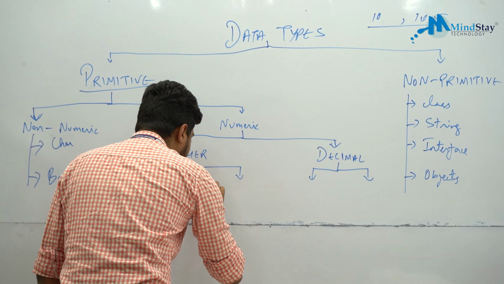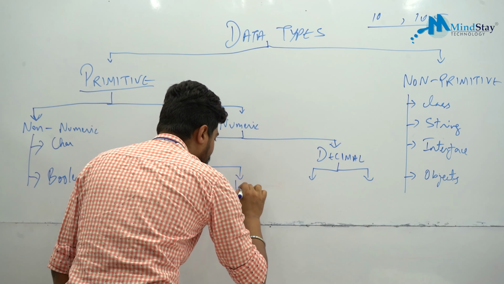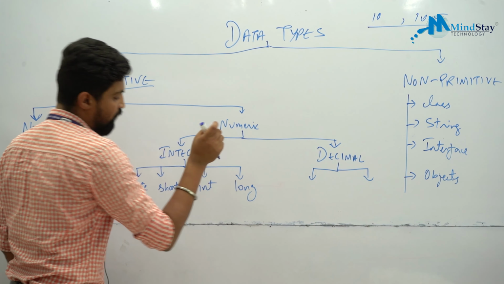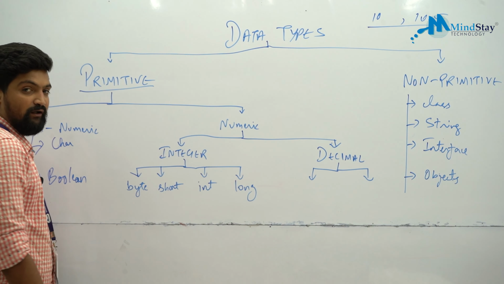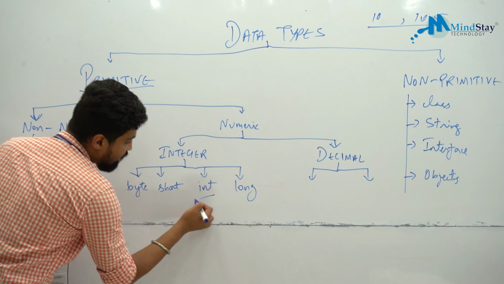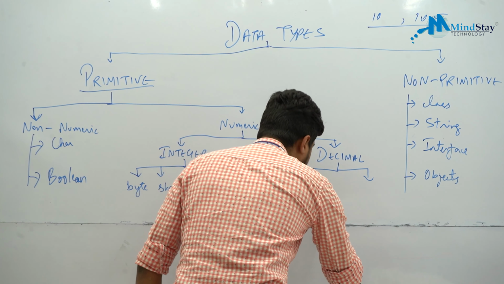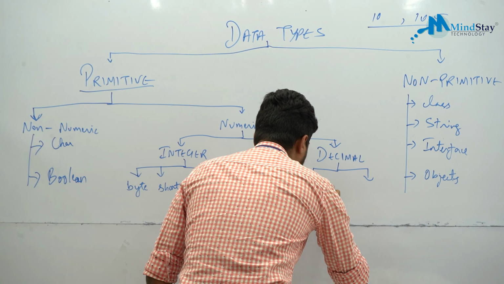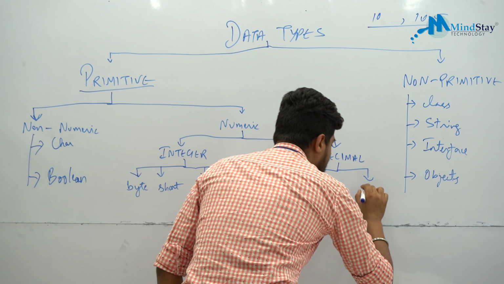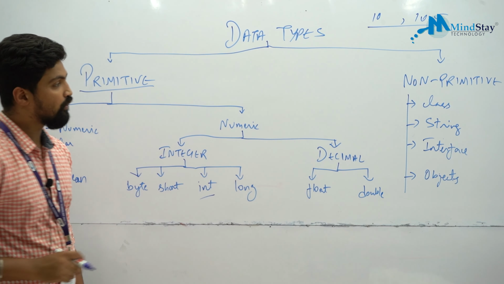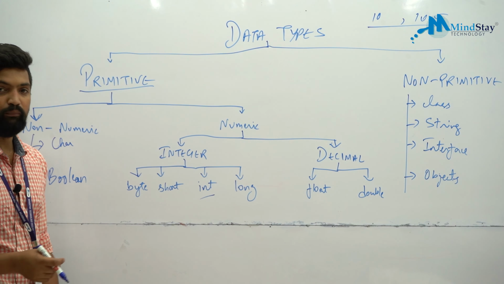Then we have int and long. Byte, short, int and long are the data types that we have, and we maximally use int. We've been seeing it. And in the decimal section, we have float and double.